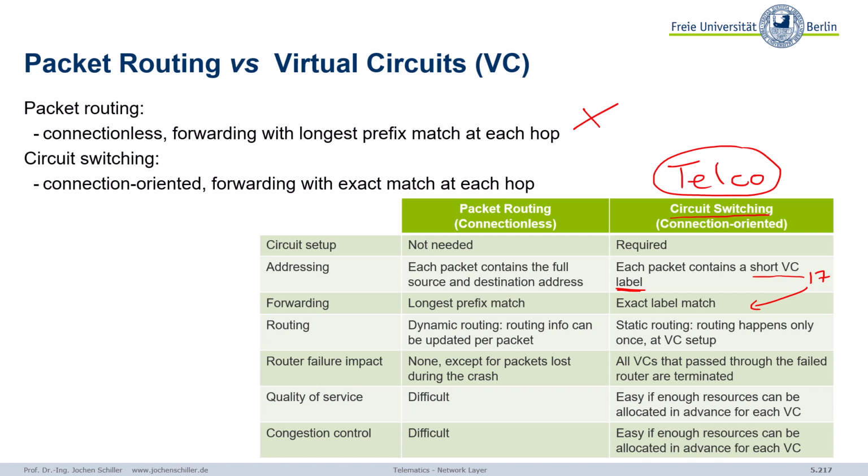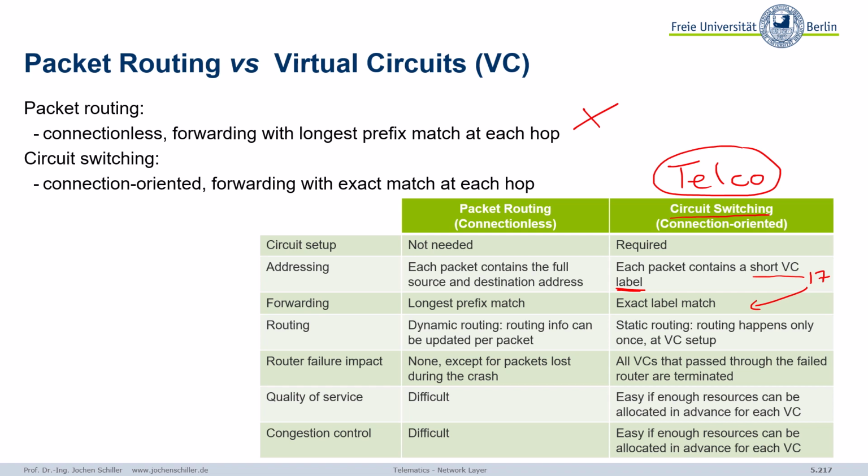But it's very easy to guarantee certain quality of service, because if you, during setup, ensure that the switches, the intermediate systems, typically they are called switches, can handle this virtual connection, that means they have enough resources to forward whatever, the 64 kilobit per second for a voice call, then you can guarantee the data rate. And also you have no problem with congestion, because after setting up the connection, you know all the parameters of this connection, and if you have the resources, nothing bad happens.